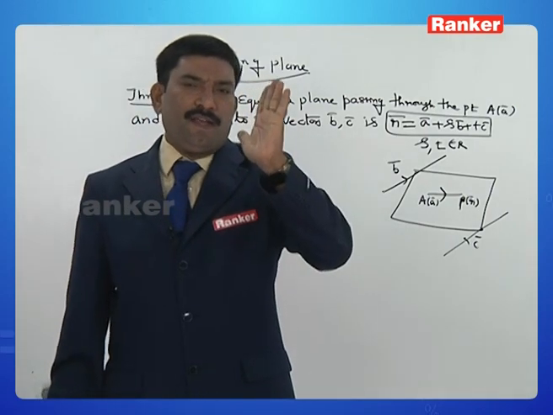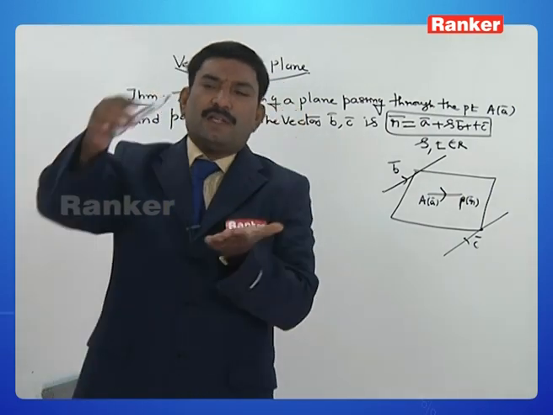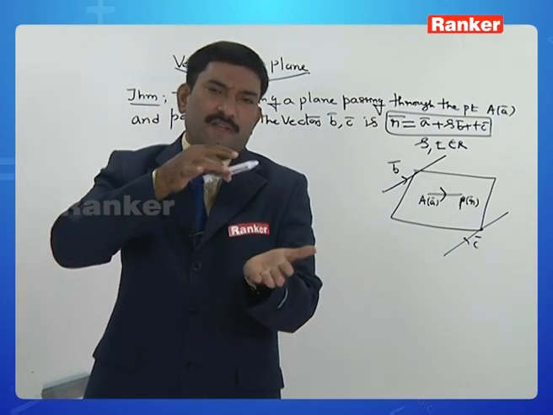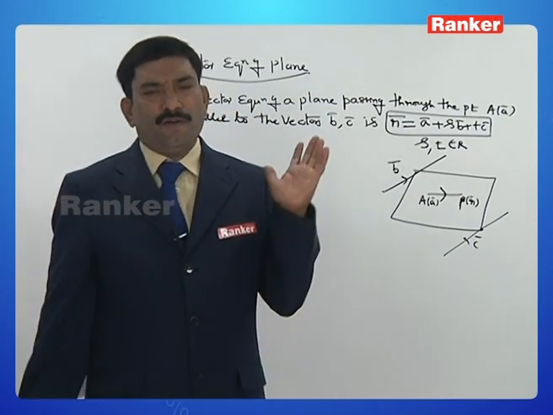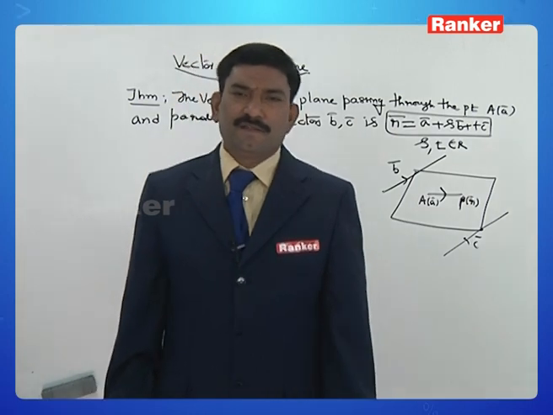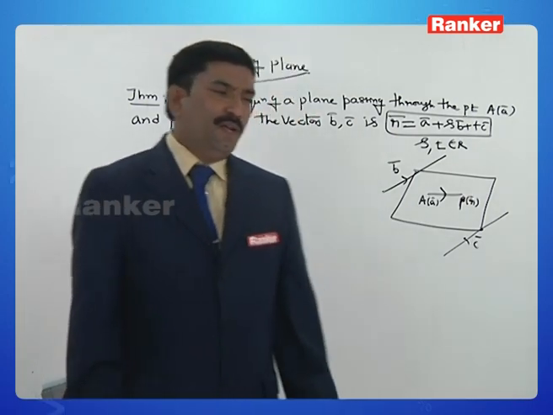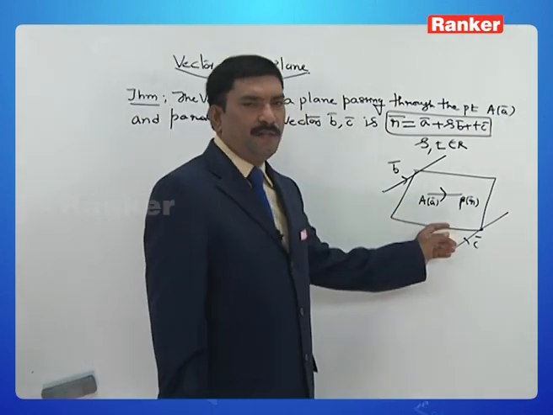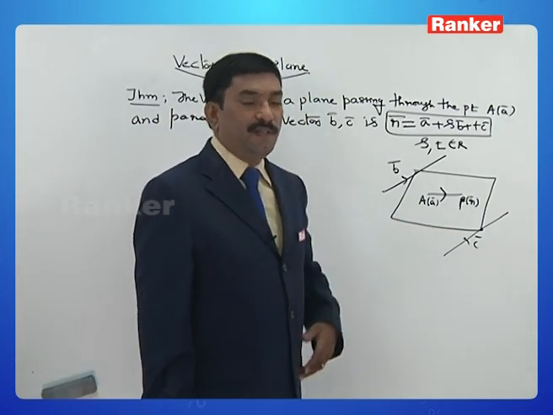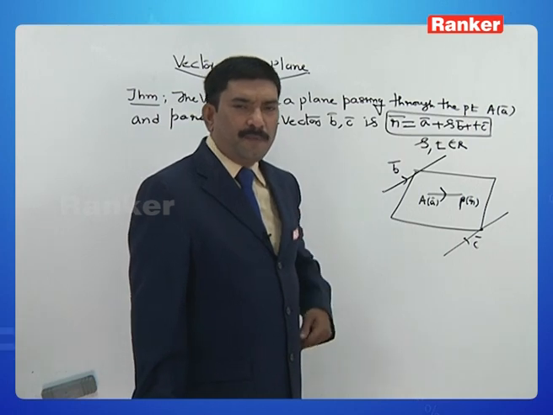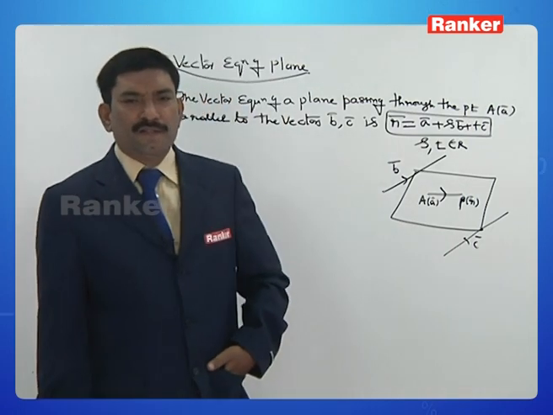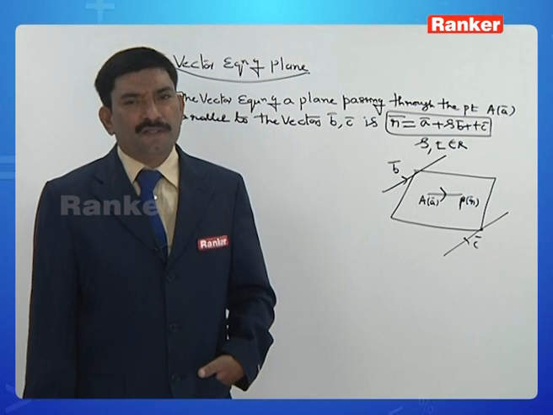My hand is a plane. Now these two are parallel to this plane. Your book is a plane, your whiteboard is a plane, correct? Varieties of planes. So this is a plane passing through the point A bar and parallel to the vectors B bar and C bar.